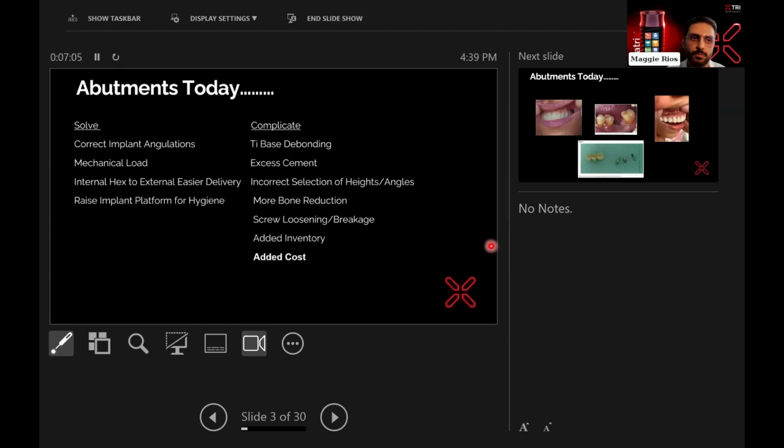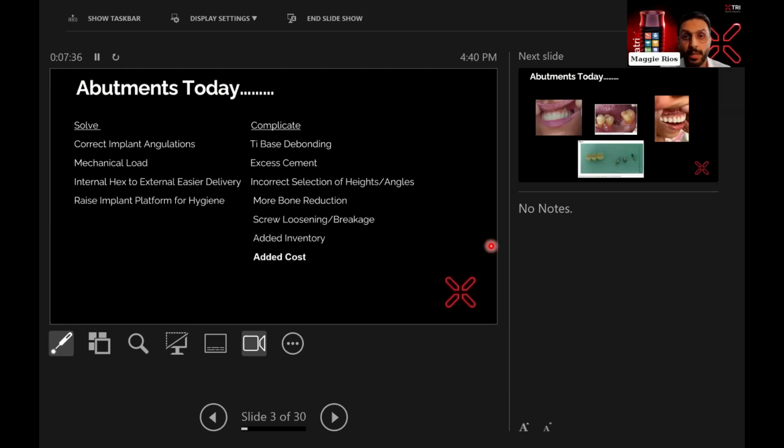There are so many varieties in height, depending on the implant system, anywhere from 0.8 millimeter all the way to 6.5. And also the angulations: 17, 30, 45, and recently I heard 60 degrees. All of that increases the error. I'm sure that at some point you have seen these kinds of mistakes or errors happening, and we have to do a lot of work again just to get the correction done.